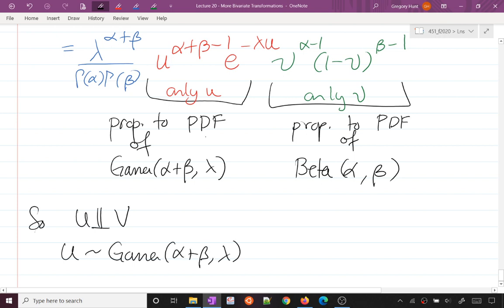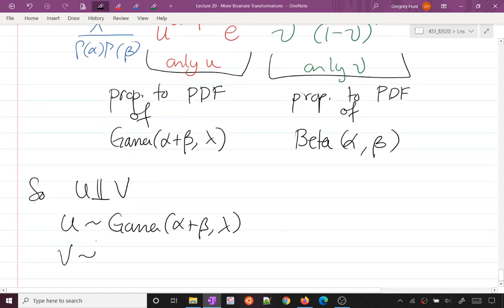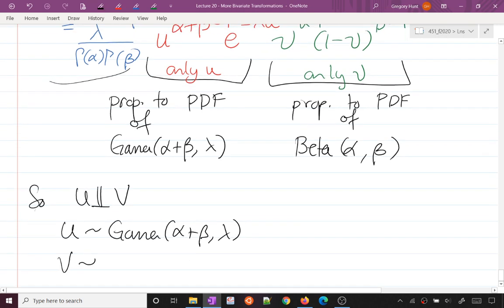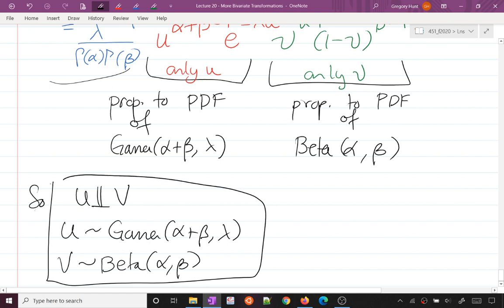And you basically have to show that the product of the constants of these things gives us this blue part out front. Because the PDF of the part only involving v is proportional to a beta distribution with parameters alpha and beta, it will be distributed as that beta distribution.